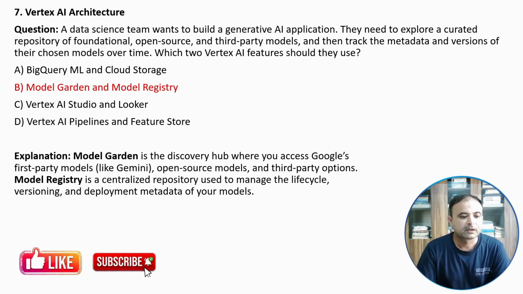The correct answer is B, Model Garden and Model Registry. Model Garden is the discovery hub where you access Google's first party models like Gemini, open source models and third party options. Model Registry is a centralized repository used to manage the lifecycle, versioning and deployment metadata of your models.